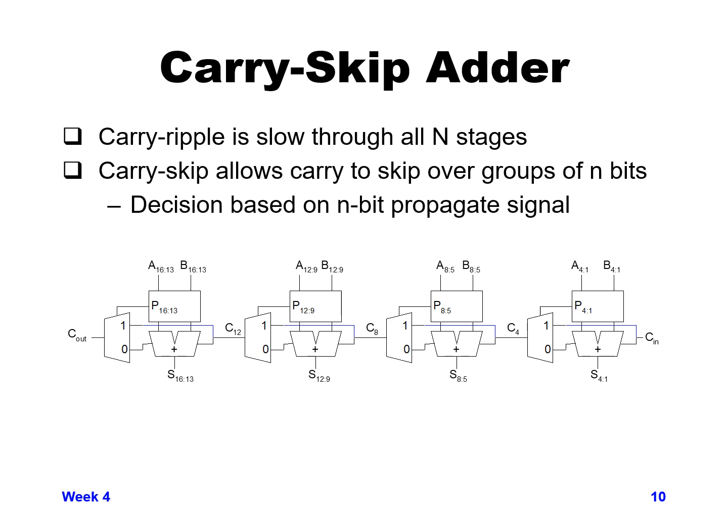Since propagate 8 through 5 could be calculated at the same time as 4 through 1, it should be sitting there waiting, and as soon as C4 comes through, it gets compared to 8 through 5. And now you can see we just go through a single delay for a group of 4 bits.